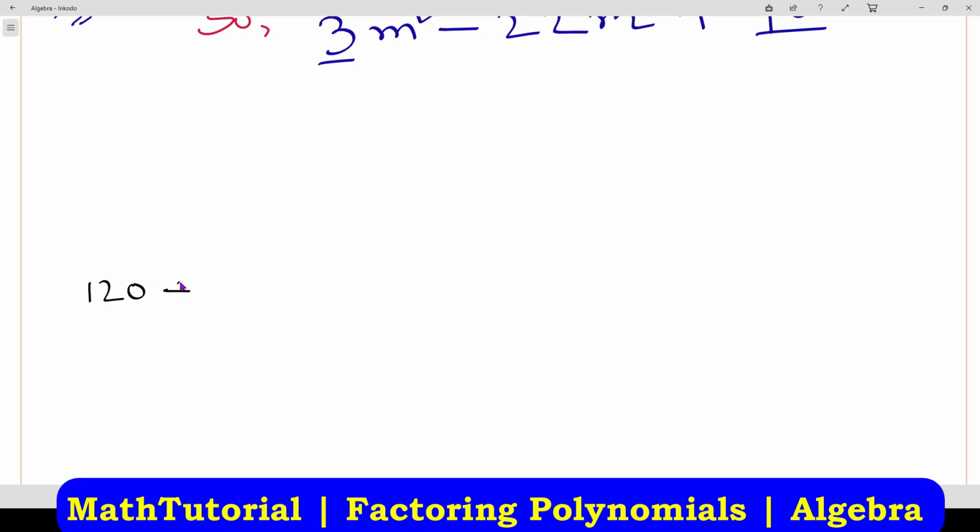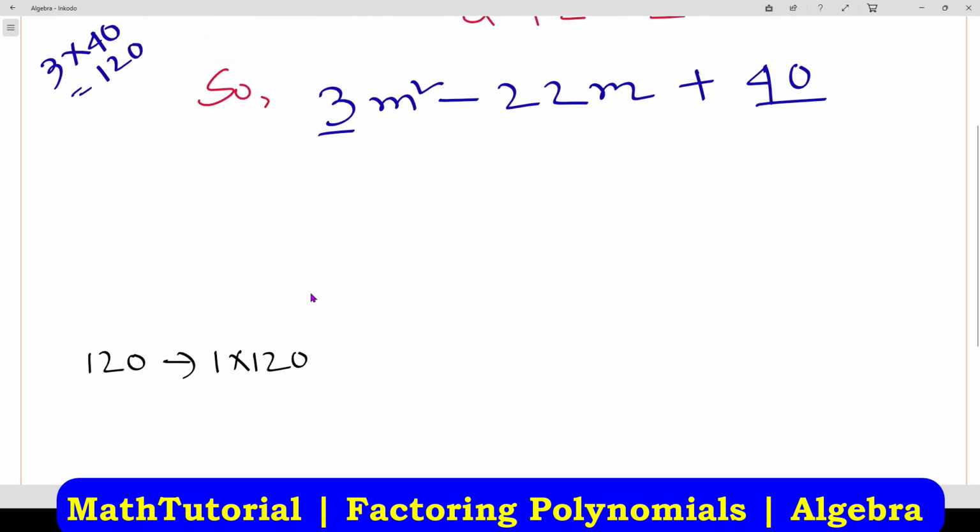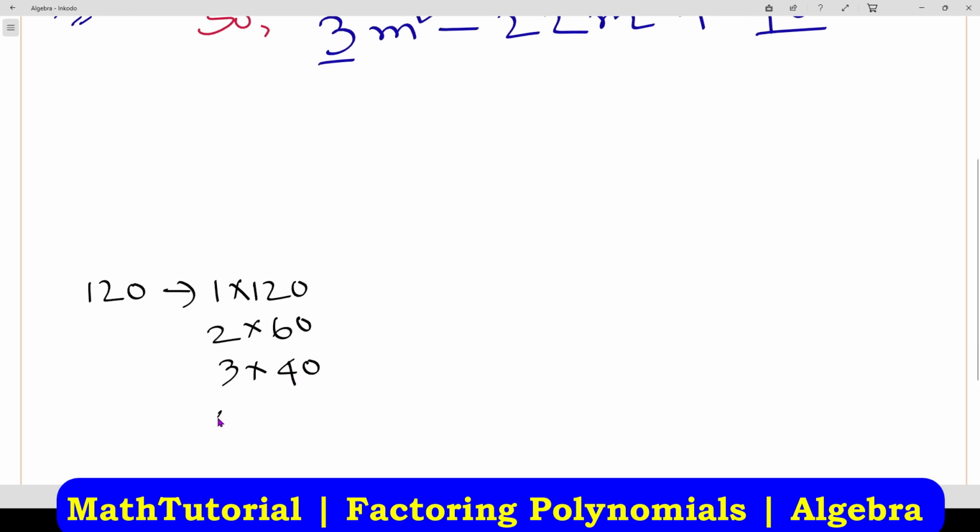120 can be 1 times 120, but in combination it is not right because we have to find minus 22. Then 2 times 60, it's also not possible. 3 times 40, not possible. Then 4 times 30, still not possible.